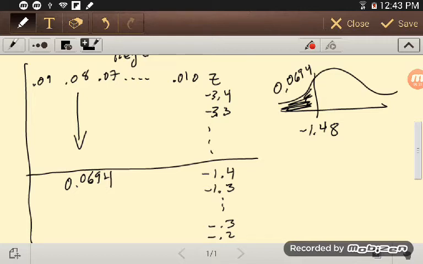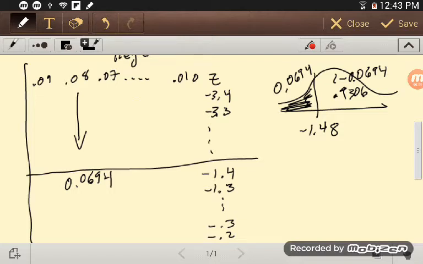Now, what that also tells me is that what's left up here is 1 minus, or 100% minus, 0.0694, so that's 0.9306, I think. So that tells me that much is to the right, but the table itself always just gives me how much area is to the left.